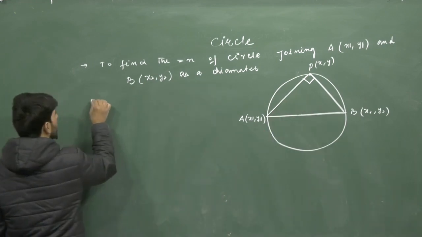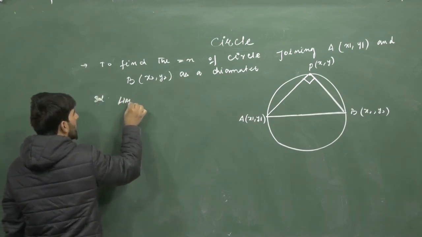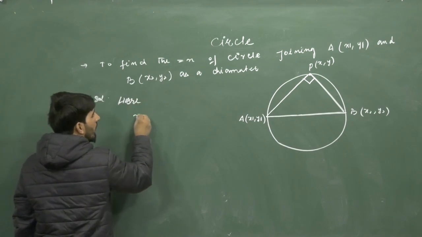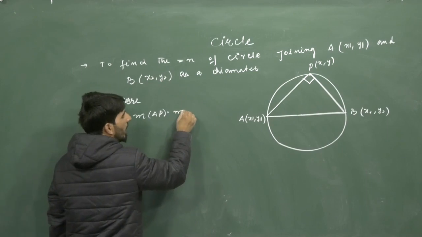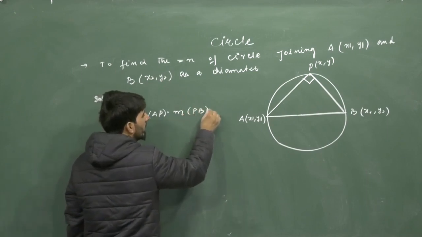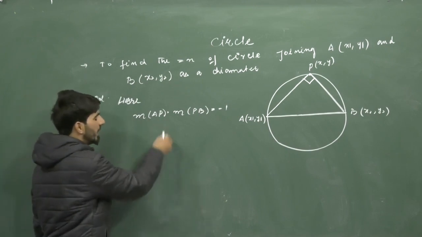Here, m of AP times m of PB is equal to -1. Here m stands for the slope.